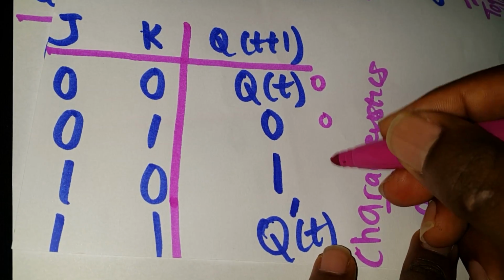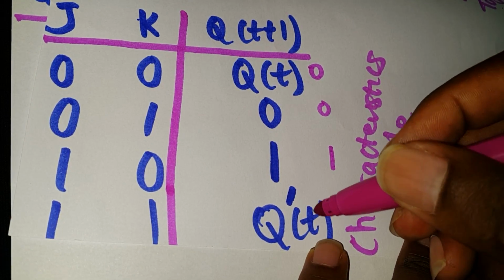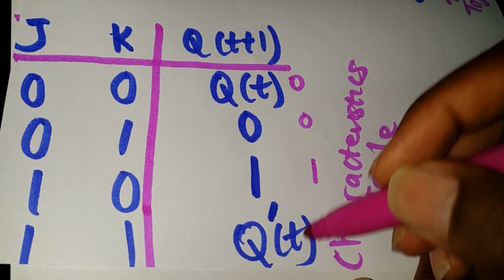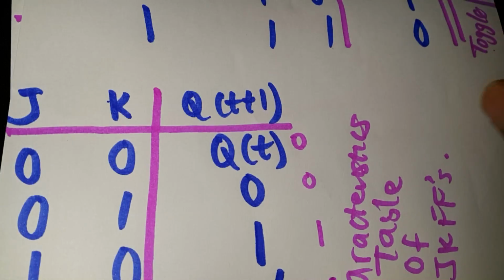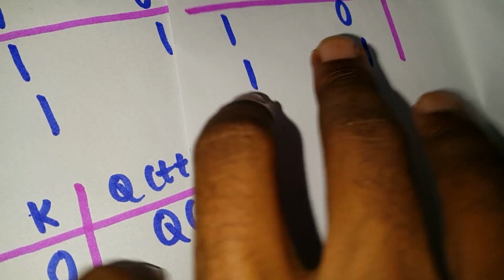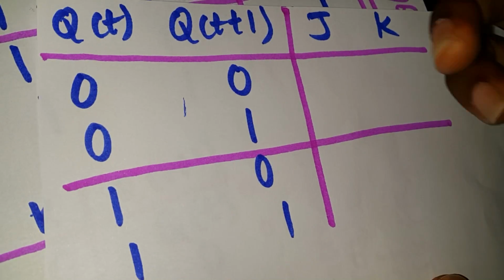Here is still 1. Q of T prime: our Q of T is 0, so the prime of Q of T is 1. So we now look at our Q of T plus 1 from our excitation table.